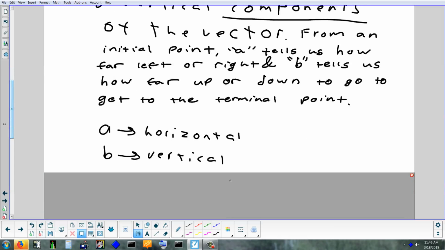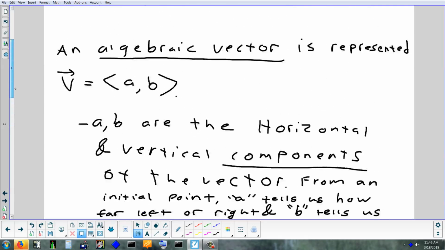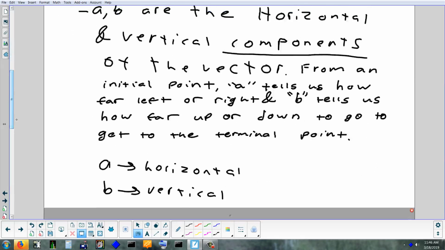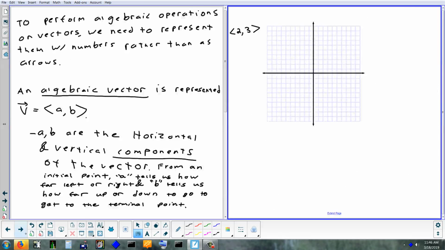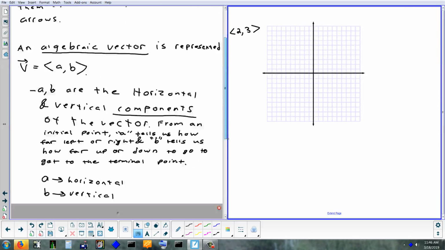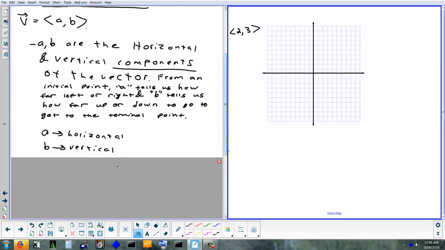Okay, so next thing I'm going to show you, I'm just going to give you an example of a vector that's in what your book calls algebraic form, an algebraic vector. Let's go like this. Okay, so there's an algebraic vector, <2, 3>.